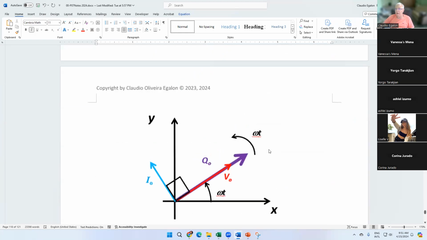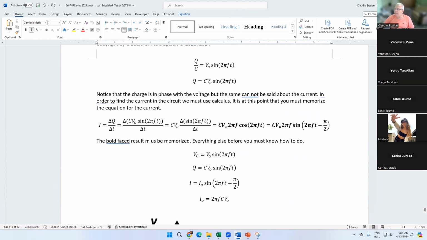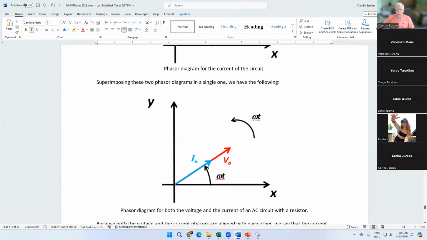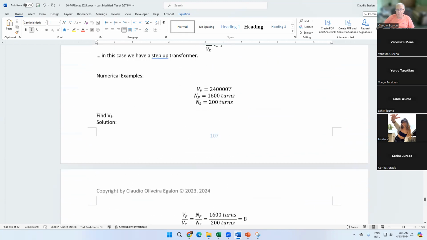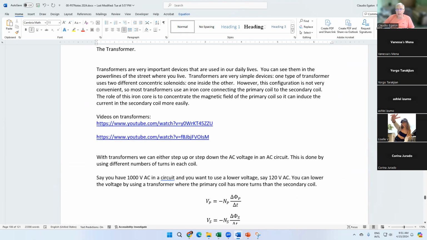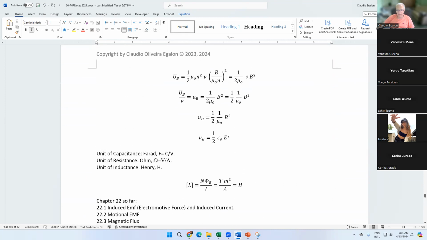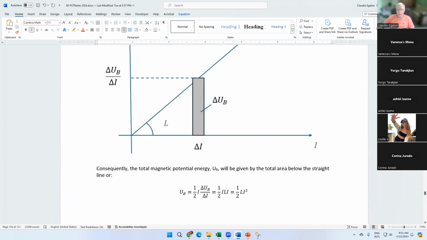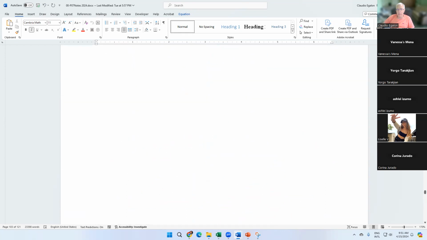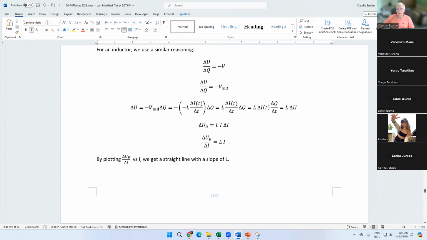Okay, let's go back to Faraday's law. Remember Faraday's law, but the Faraday's law that used the inductance, not the other original Faraday's law. Let's find it. See here, right in here.